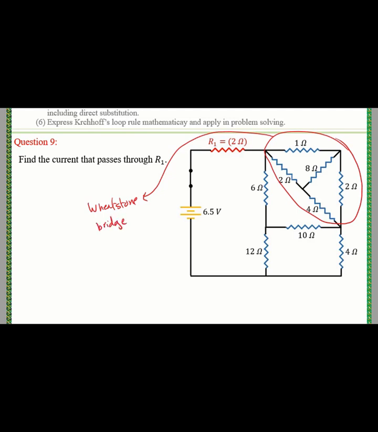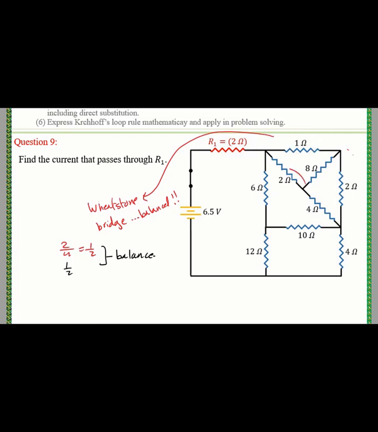Is it balanced? Let us see. Divide 2 by 4, it is 1/2. Now divide 1 over 2, it is also 1/2, so it is balanced. Since it is balanced, you can take 2 and 4 in series and 1 and 2 in series.